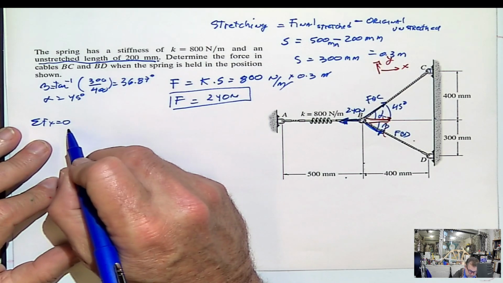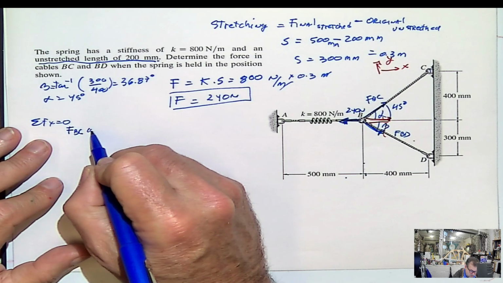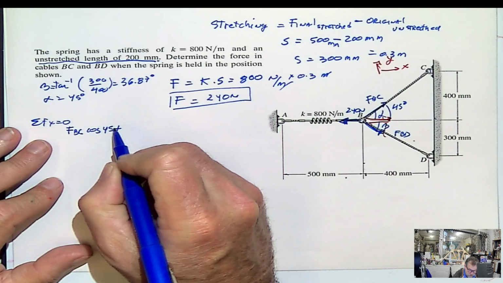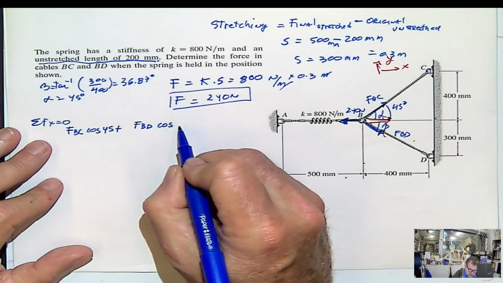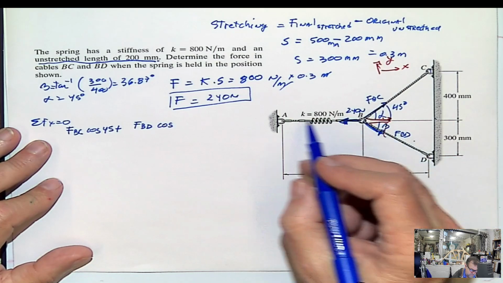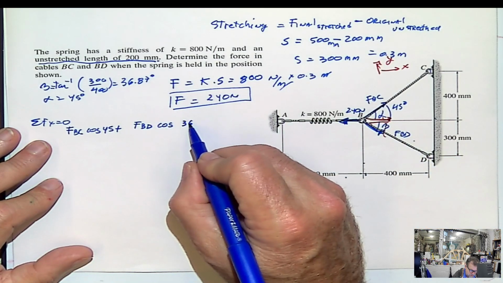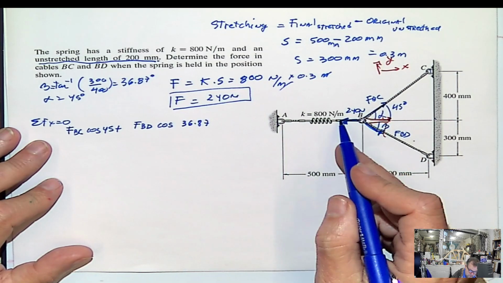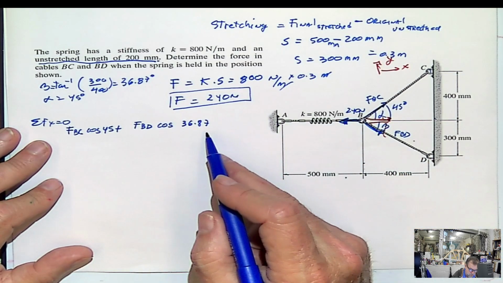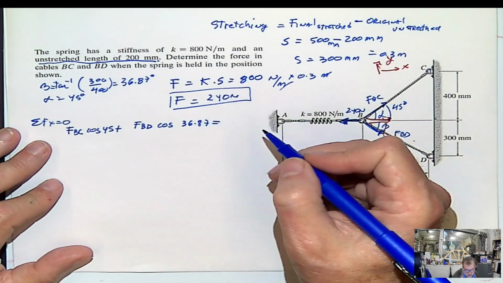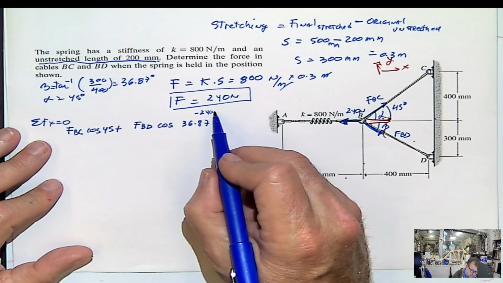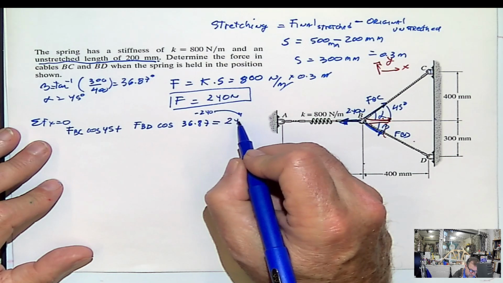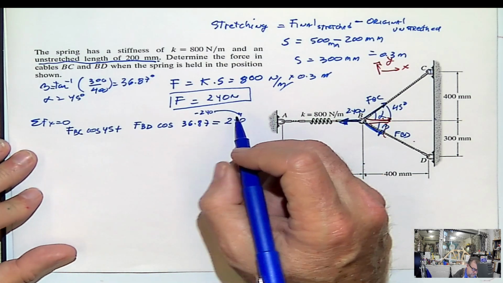So, my dear friends, that will be FBC cosine 45 plus FBD cosine beta, 36.87, minus 240. But I'm going to pass the minus 240 to the other side, just to arrange the equation, 240.